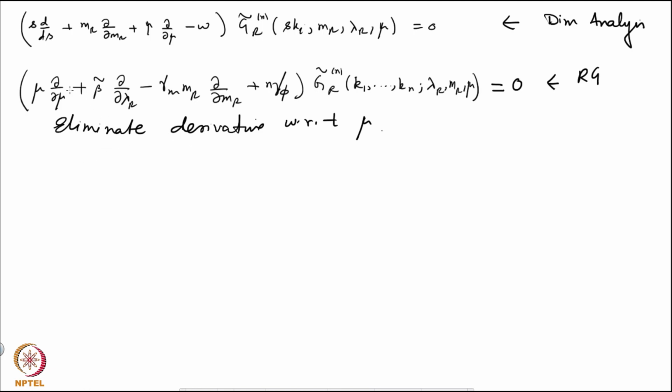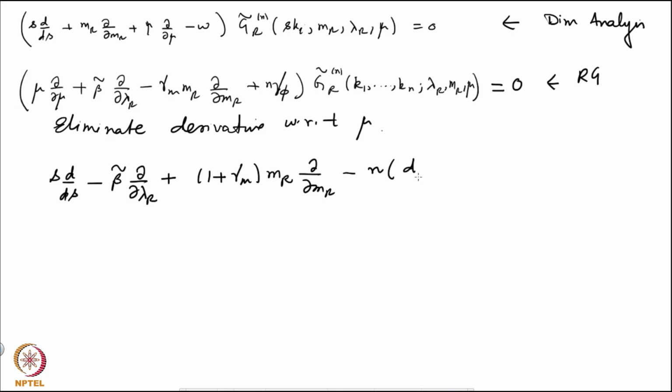So we get s d over ds minus, okay, let me just write beta tilde del over del lambda_R plus 1 plus gamma m m_R del over del m_R minus n d phi tilde.